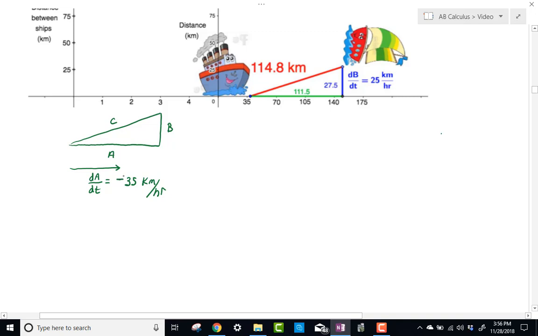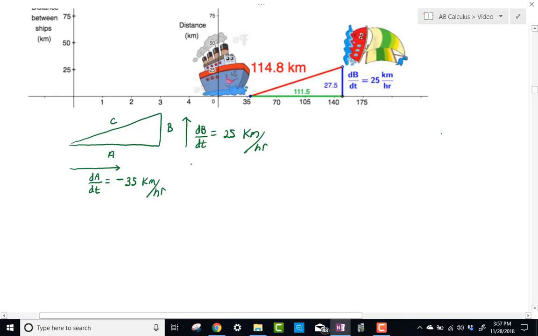Okay, and then they also tell us that dB, the rate of boat B, is 25, so we're going to call this one dB dt. This one is 25 kilometers per hour, but as ship B sails north, the distance is increasing from the starting point. So that one is going to stay positive. Okay? So those are the two rates that were given.